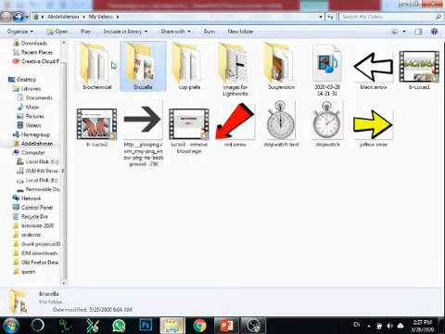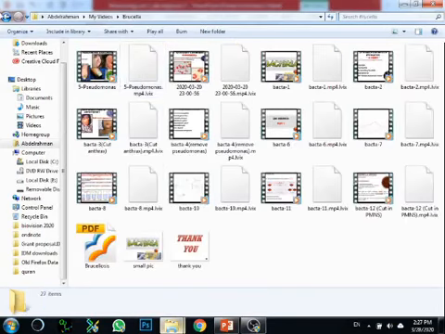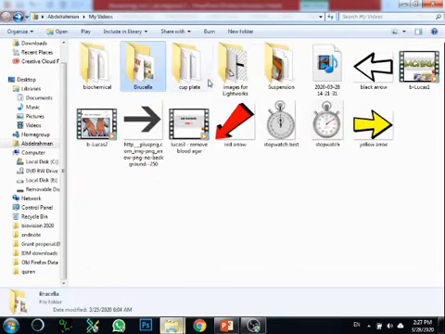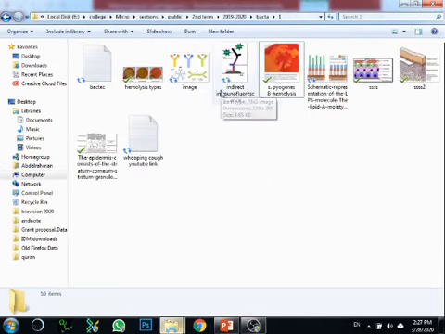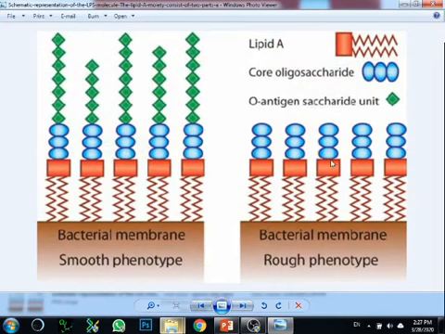As we can see here, this is a smooth phenotype. This is the smooth brucella membrane. Okay, so brucella is a gram-negative bacterium.